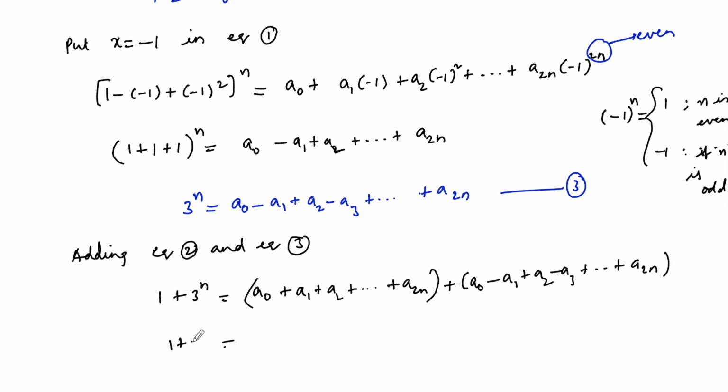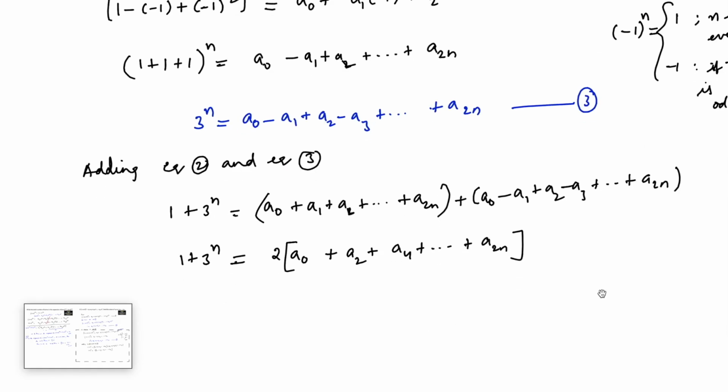So 1 + 3^n is equal to, a0 and a0 are positive terms, so we will get 2 times a0, and a1 positive and negative gets cancelled here, and a2 also, a2 and a2, 2 times we will get. So we can consider 2 times (a0 + a2 + a4 + and so on up to a2n).